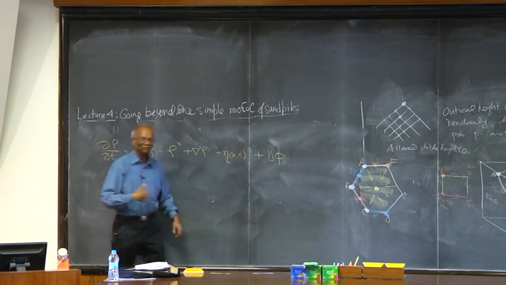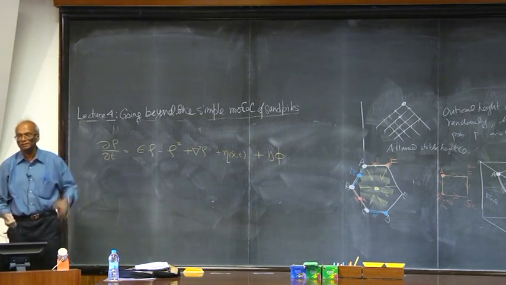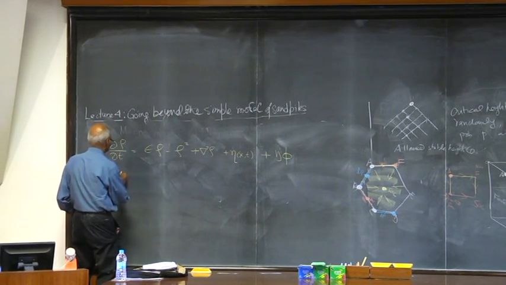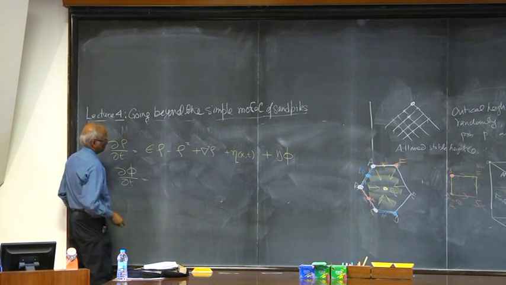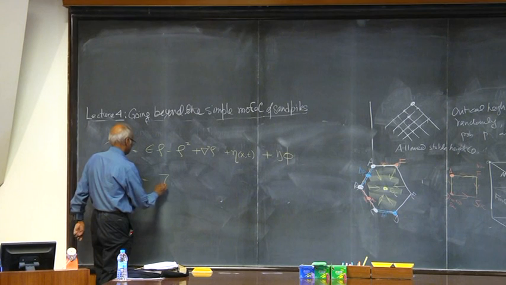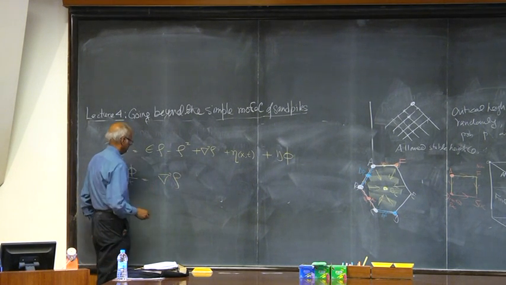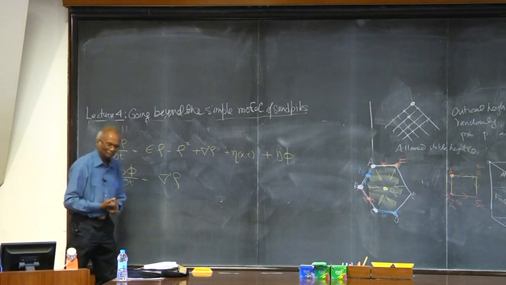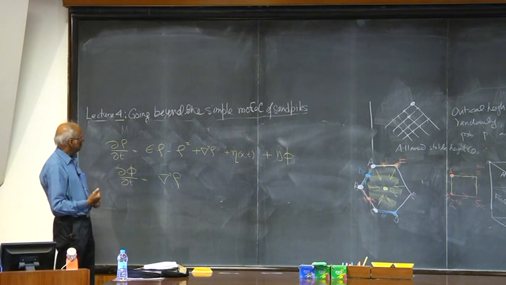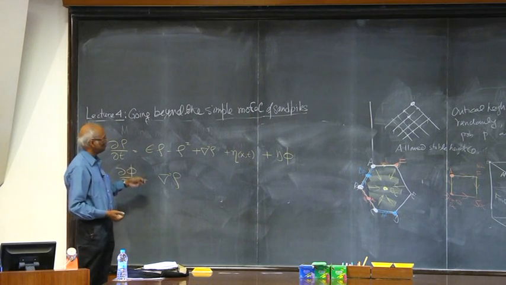That was the new coupling which we introduced. Everything has a coefficient in front which I am not writing. d phi by dt is equal to del squared rho is what we wrote. That is all. Okay.